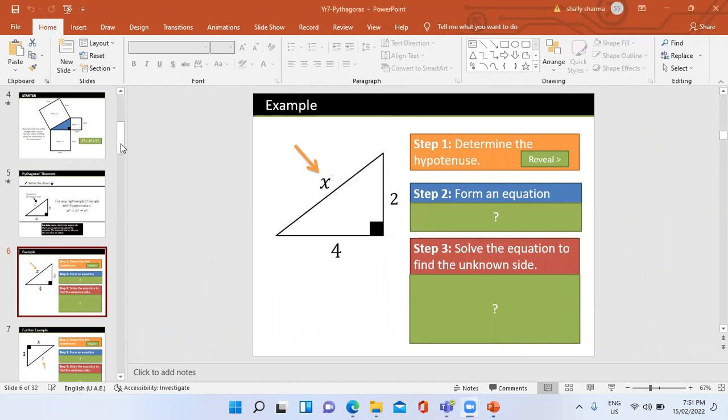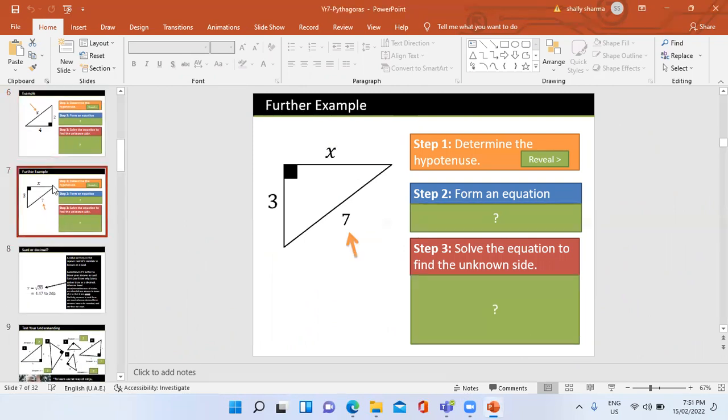Let's do some of the problems. Okay. So in this question, again, we have a right angle triangle. How do we come to know? This square box shows this is a 90-degree angle. And as we see this 90-degree angle, the opposite side to this is the hypotenuse.